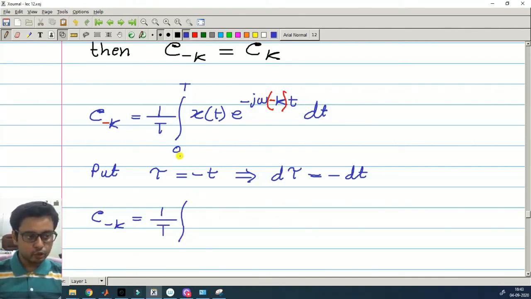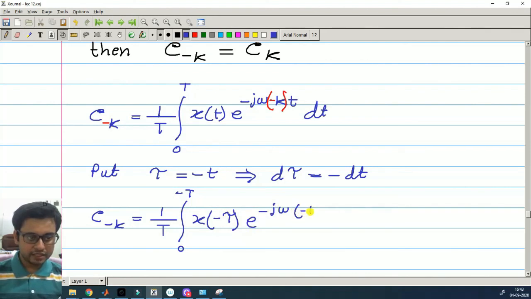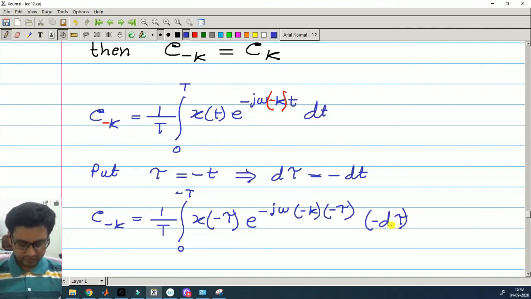The limit will change, will become tau equal to 0 to minus T. In place of t, put minus tau, and e to the power minus j omega minus k, then put minus tau. In place of dt put minus d tau.